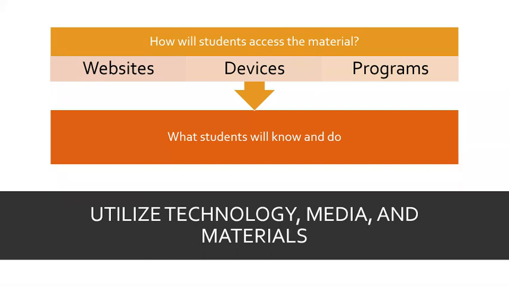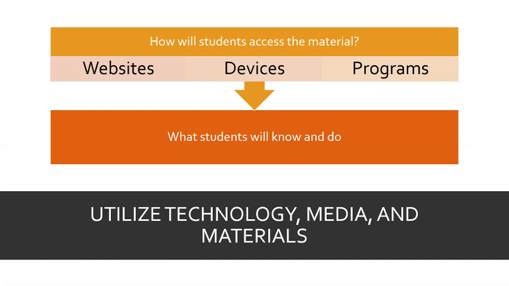U stands for utilize the technology, media, and materials. After selecting the technology, media, and materials, it is time to make a detailed plan for implementation in order to use them effectively. In this step of the model, as an educator, you will be considering how students will use the materials you selected in the previous steps.